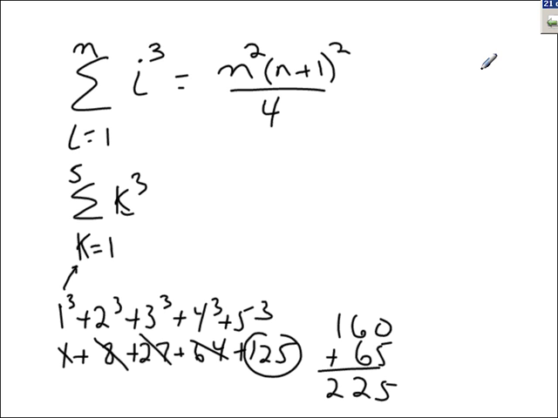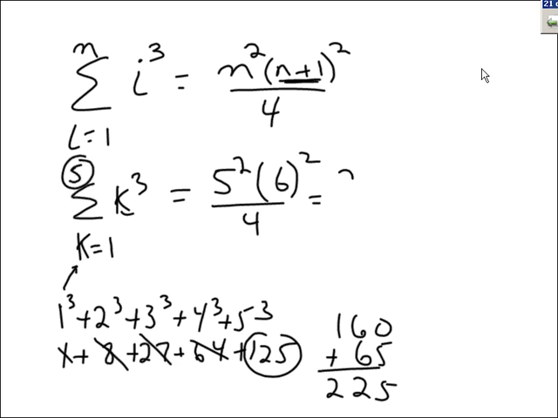But this formula would work nicer. Remember, n is 5, so it's n squared times n plus 1 squared over 4. 5 plus 1 is 6. 5 squared is 25. 6 squared is 36. Divided by 4. Well, 4 goes right into 36, 9 times 25.